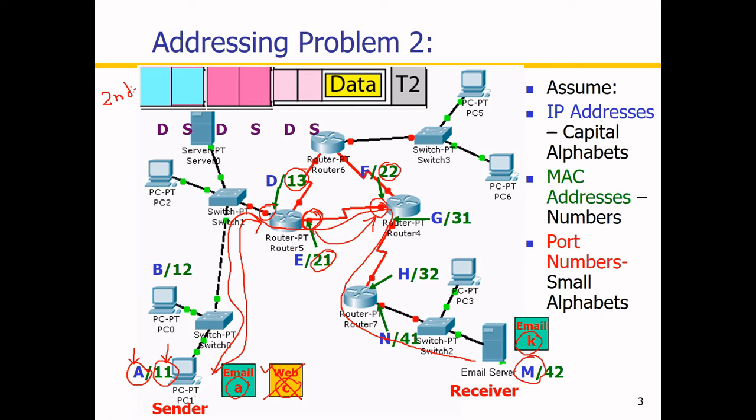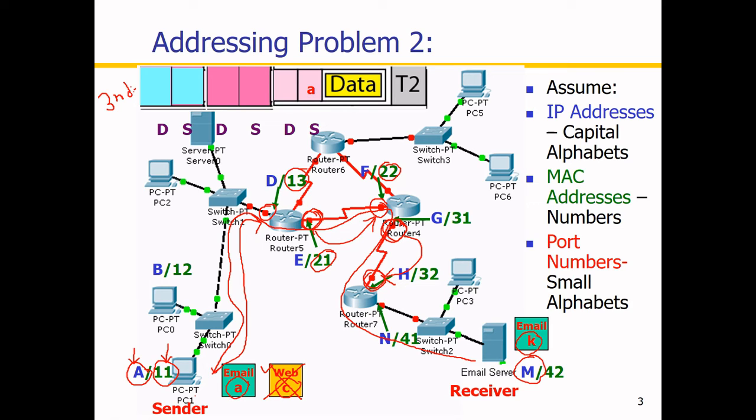Okay, for the third frame, the hop is going to be taken from this G interface of router 4 to this H interface of router 7. So it's going to go from this interface to the H interface of router 7.